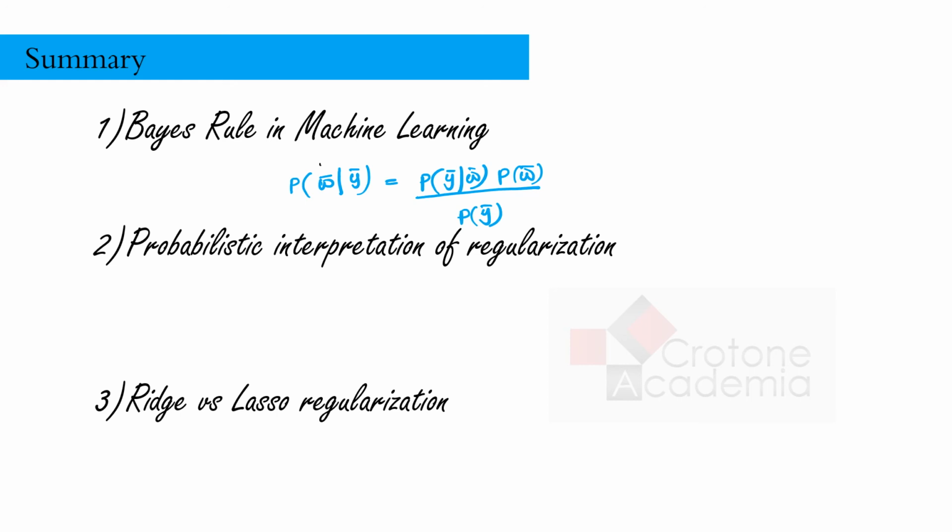Then we gave the probabilistic interpretation of regularization by taking the log value and finding the MAP estimation. So when we take the log value, we get three terms. The first one is the constant, the second one is the sum of squared errors, and the last one is the log value of our prior distribution. So the last term, the log value of the prior distribution, becomes the regularization part in the regularized least squares.